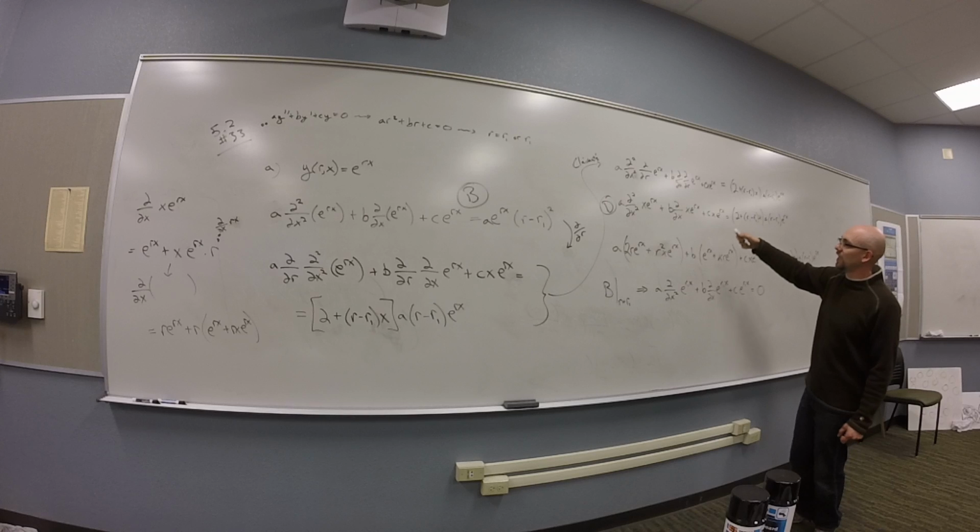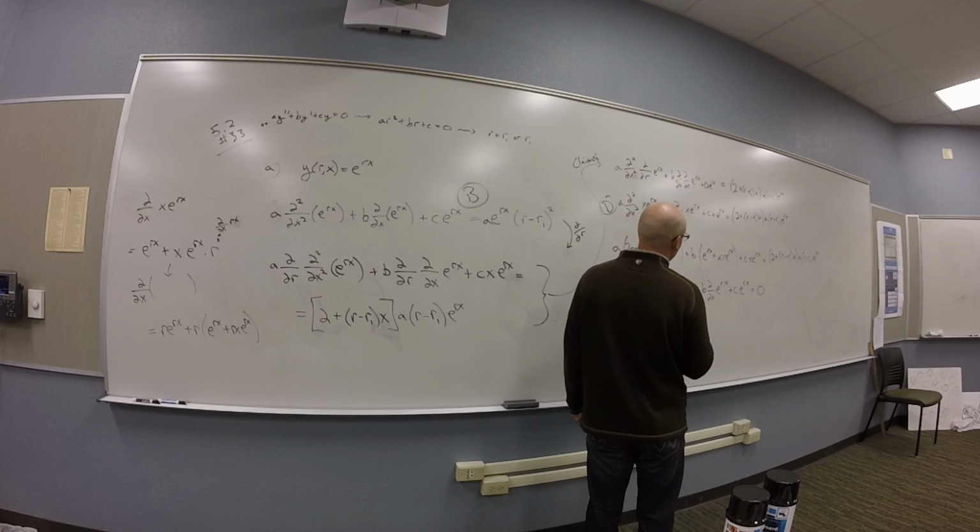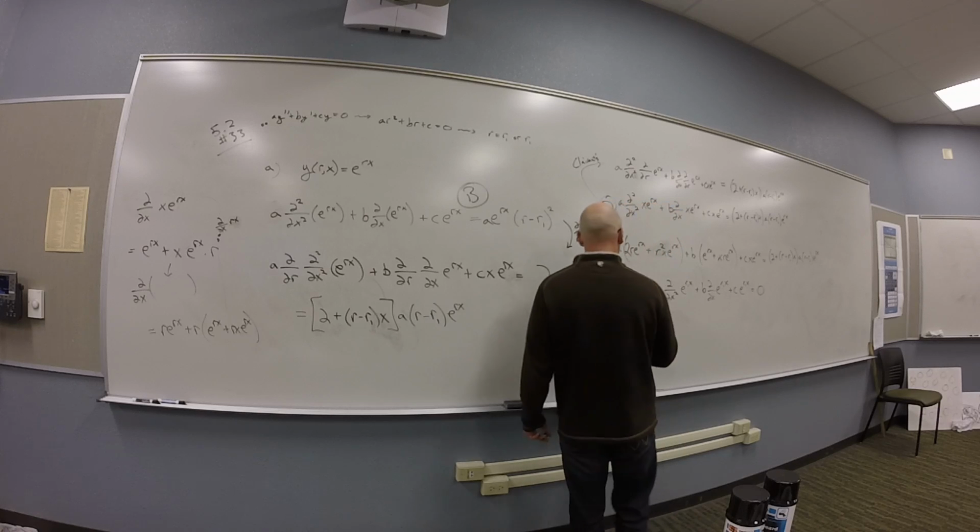Now if I go to D and plug in r1, the right side is still 0.